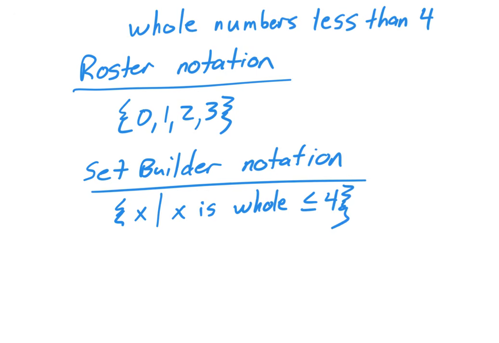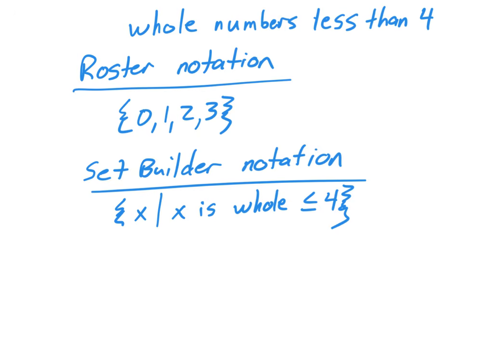We don't just want to say less than or equal to 4, because then that would include negatives and things like that. The whole number is a big part of what we want to say. And sometimes we can do it in words, sometimes we could do it in symbols. I could say x is less than or equal to 4, but once again, I don't just want to say x is less than or equal to 4, because that would include negatives and some other things that we don't want to include.